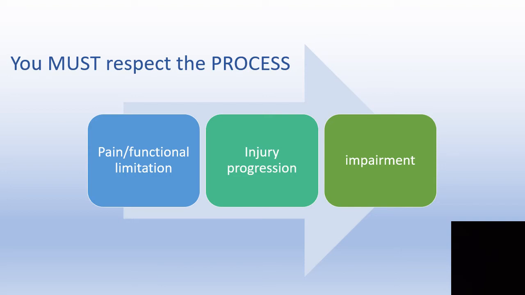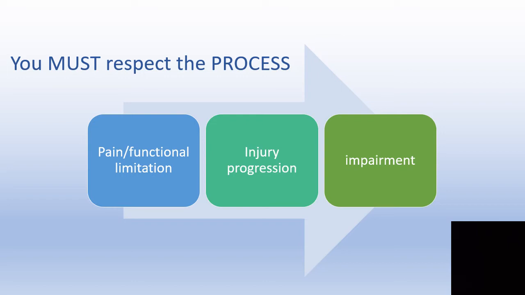So if we take acute injury out, slip and falls, car accidents, traumas, most of the things we see are repetitive in nature and occur over time. Oftentimes, they come on gradually. And we always talk in clinic about respecting the process, not the event.